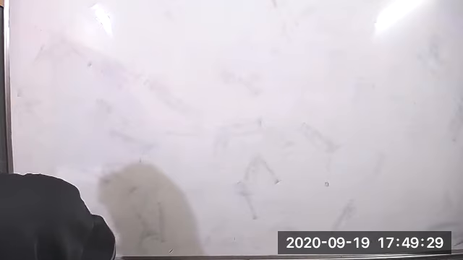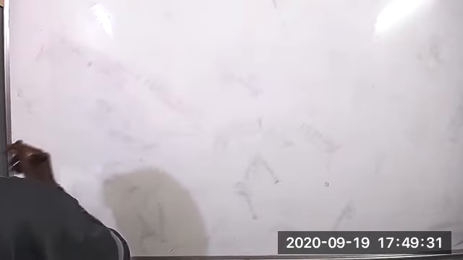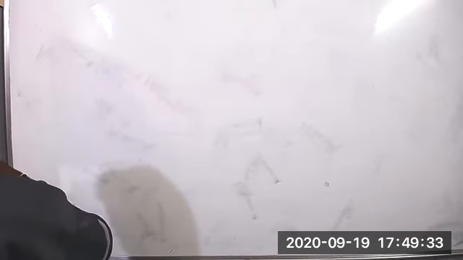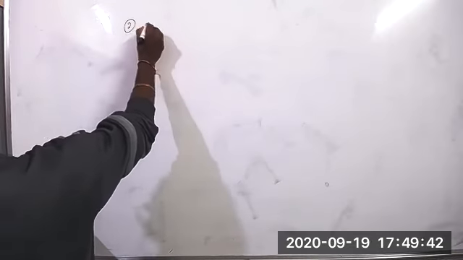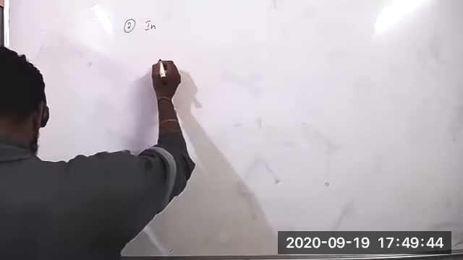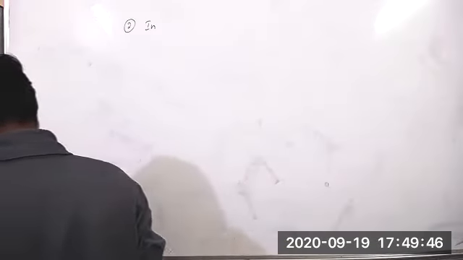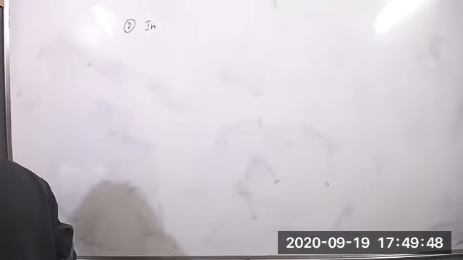One more. Is it we solved in Young's double slit experiment? No, I didn't explain this, I think. One more model it is. In Young's double slit experiment, light of wavelength 5000 angstroms is used.